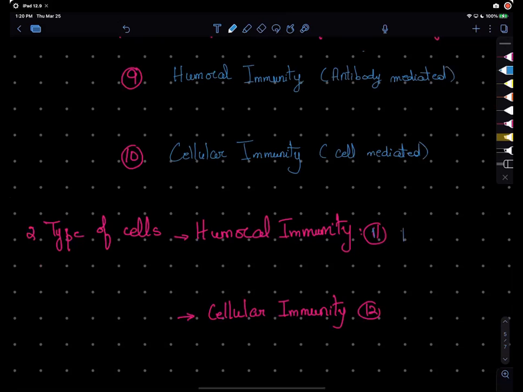It's going to be my B lymphocytes. And which cells are going to be responsible to mediate the cell mediated immune response? Those are my T lymphocytes.